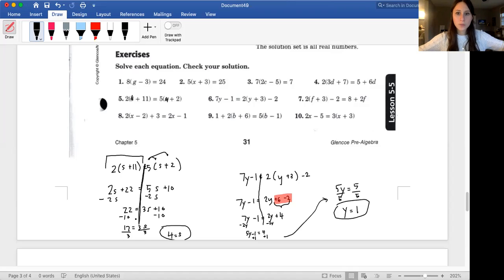So let's do number 9 together. Number 9's got a lot going on. I need to write that down here on my paper first. Okay. And I'll do this on my whiteboard here. Hopefully you're doing this on your paper.